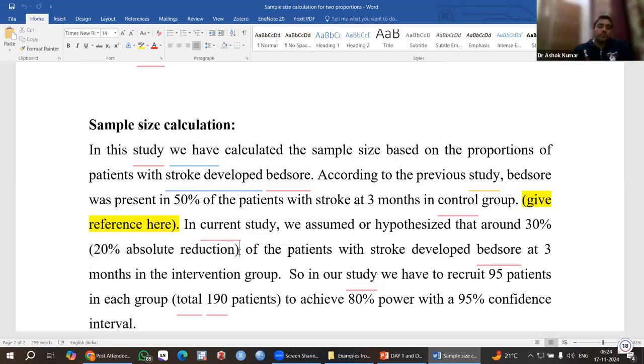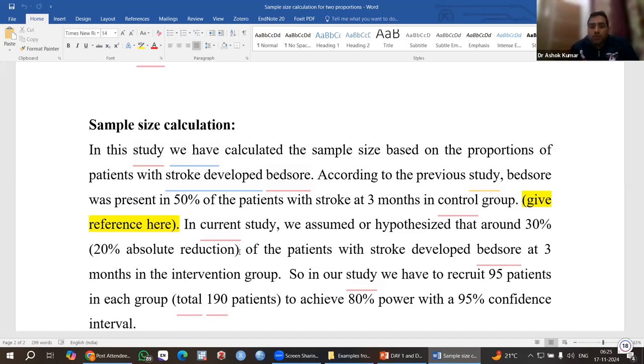So we hypothesize that in the intervention group, whatever our intervention is, we want bed sore to be lesser compared to the control group.